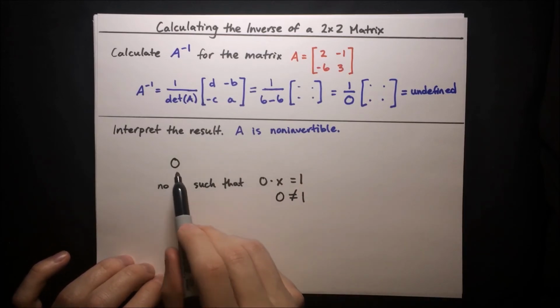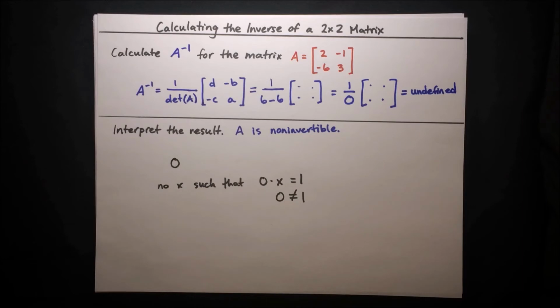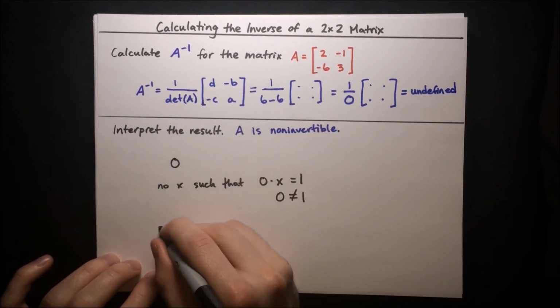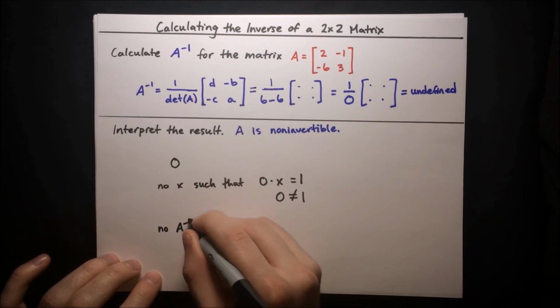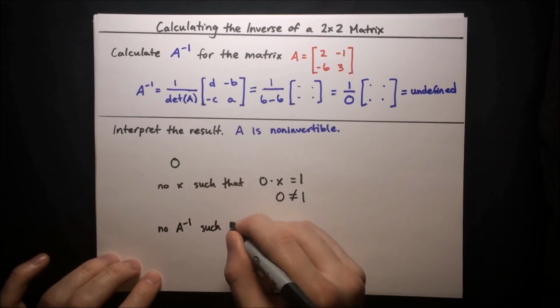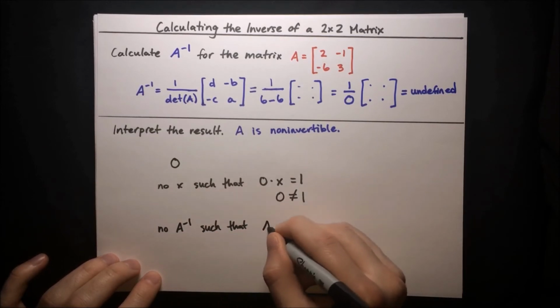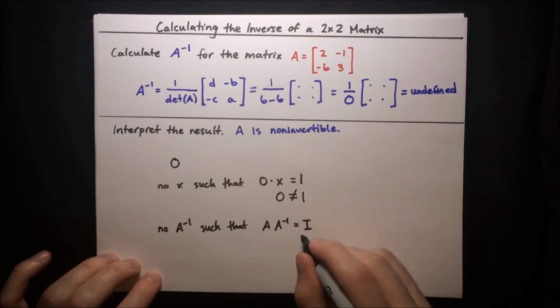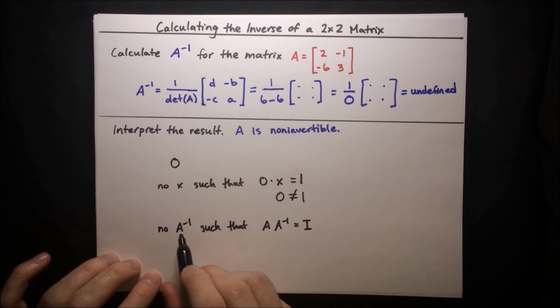So 0 just doesn't have an inverse. Similarly, the matrix A just doesn't have an inverse. There's no matrix A inverse such that A times A inverse equals I, the identity. No such A inverse exists.